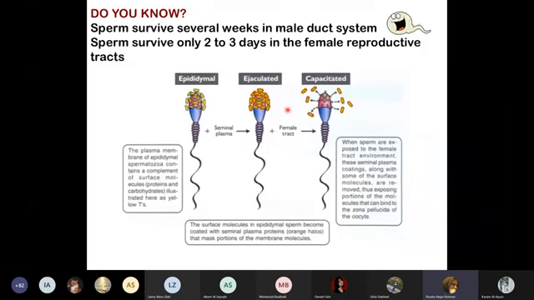How can the sperm cells survive? The sperm cell can survive several weeks in the male duct system, and they survive only 2 to 3 days in the female reproductive system.